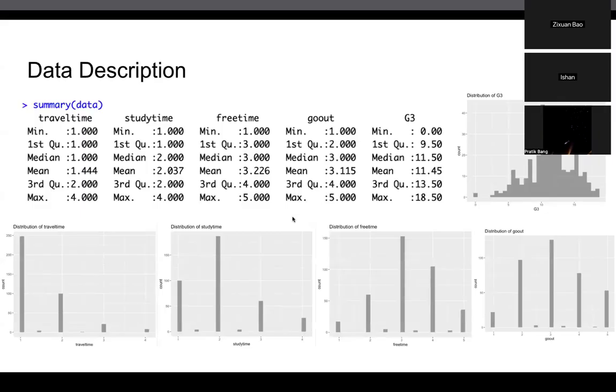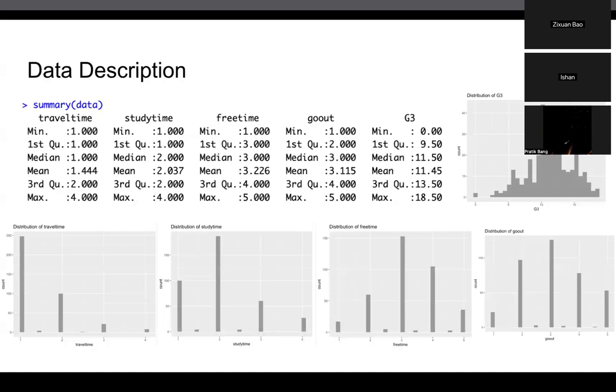To start the research process, I described the data first. As you can see, the variables of travel time, study time, free time, and go out are categorical variables.